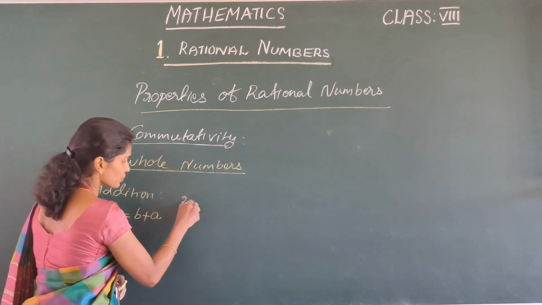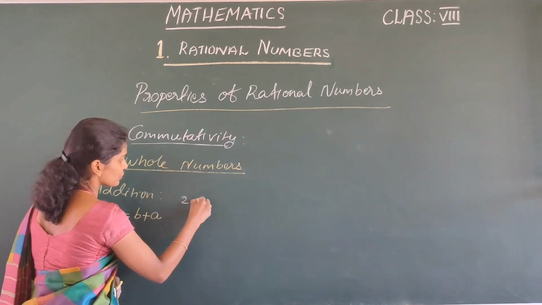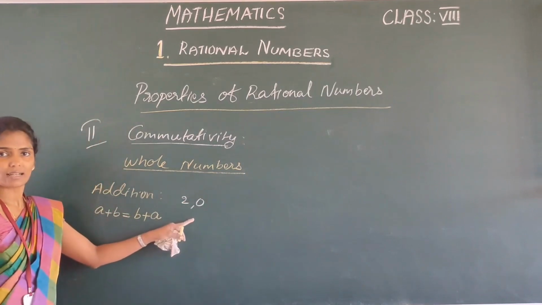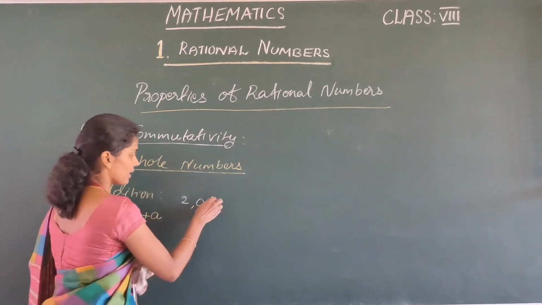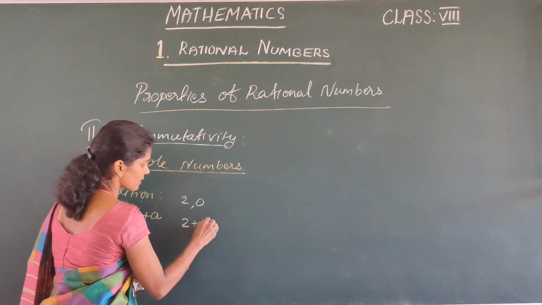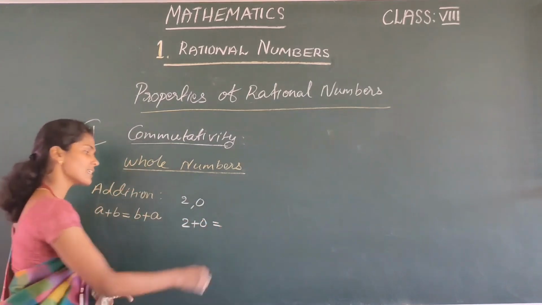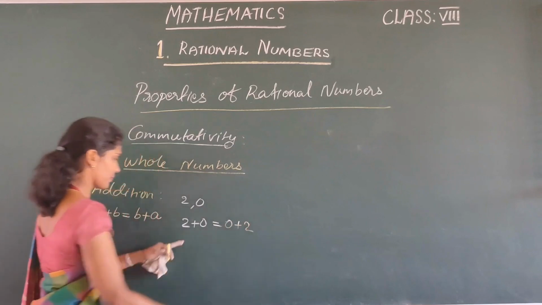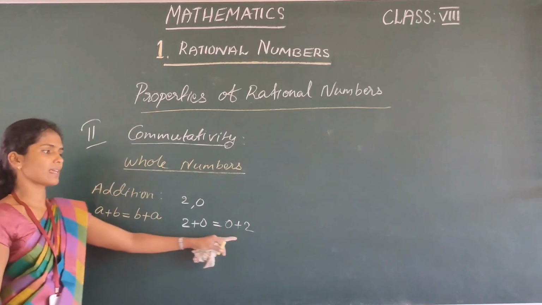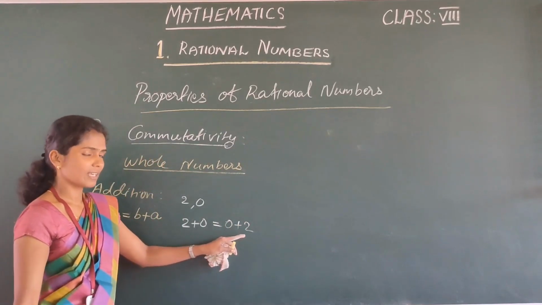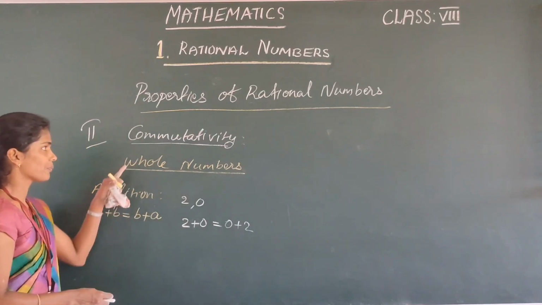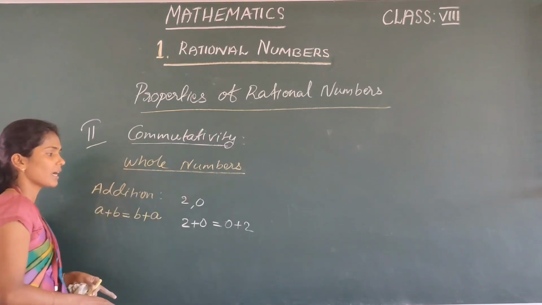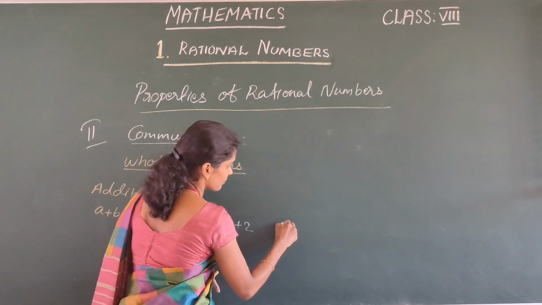Just take any two numbers, 2, 0. Both are whole numbers. What is the sum? 2 plus 0 is the same as 0 plus 2, right? A plus b equal to b plus a. Here it satisfies this. So, whole numbers are commutative.